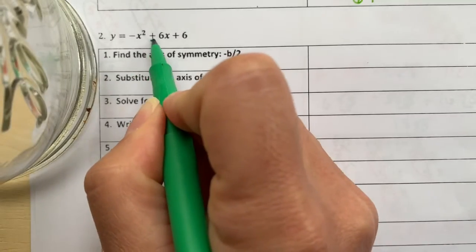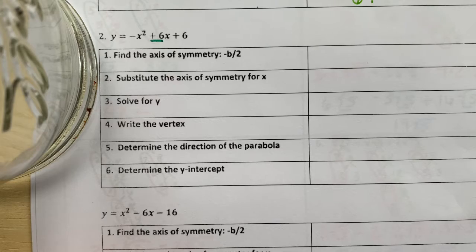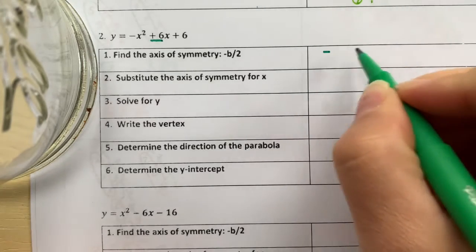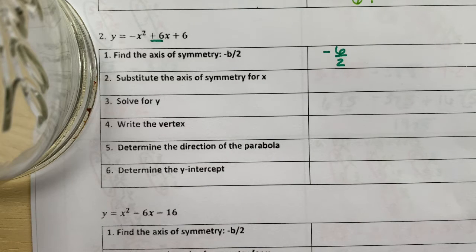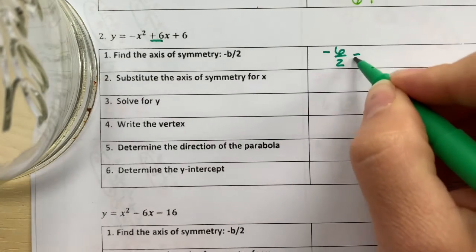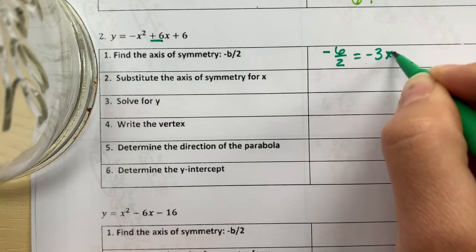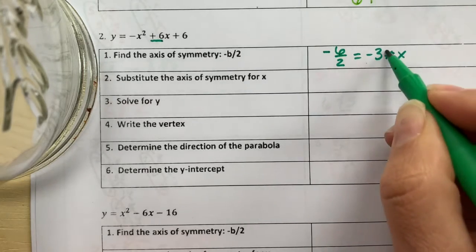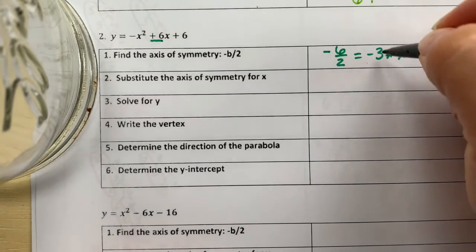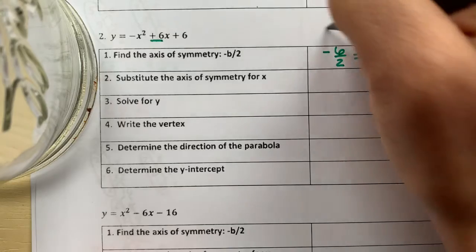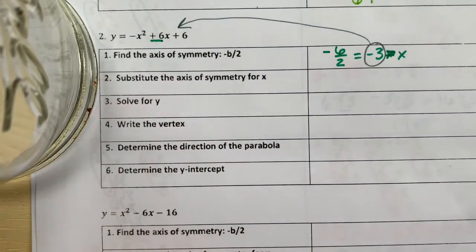So we're going to take our b term, the number in front of x. So it's going to be negative 6 over 2. Negative 6 over 2 is equal to a negative 3, and that is our x value. That's an equal sign, guys, sorry. So now we're going to take that negative 3, and we're going to plug it in for everywhere we see x.